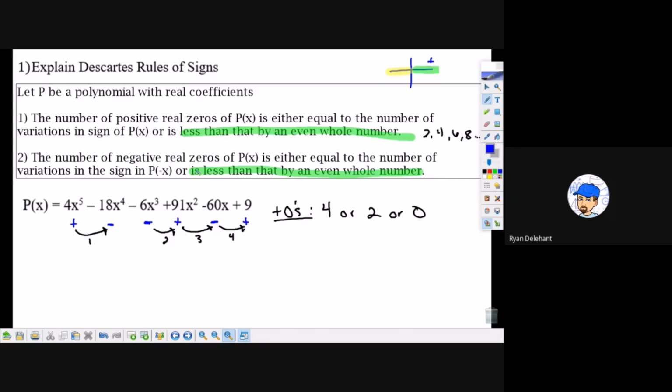All right, let's go down and find the negative zeros. This is the one that will mess people up, because this is where we have to plug in a negative for x. So this is P of negative x. What happens is all the x's get a negative symbol in front of them.